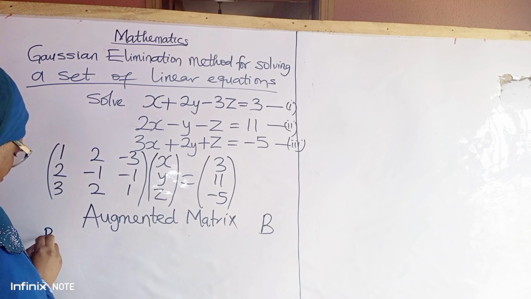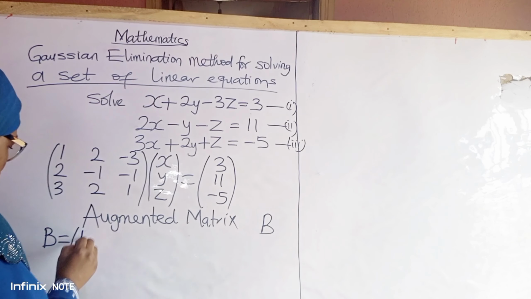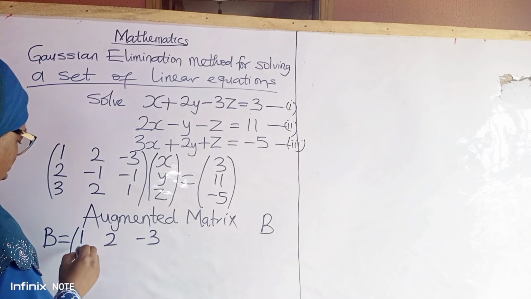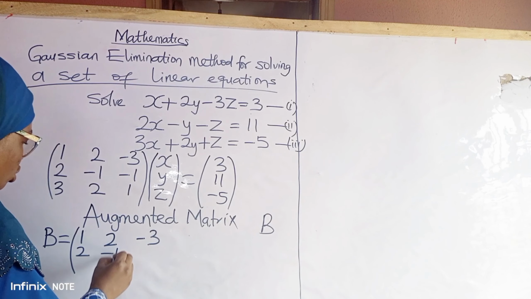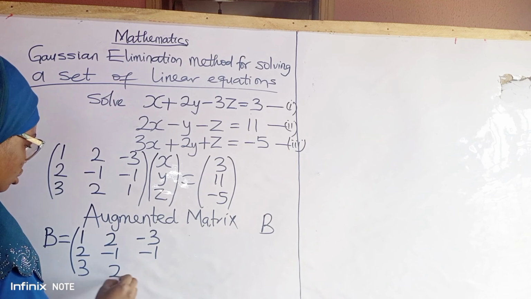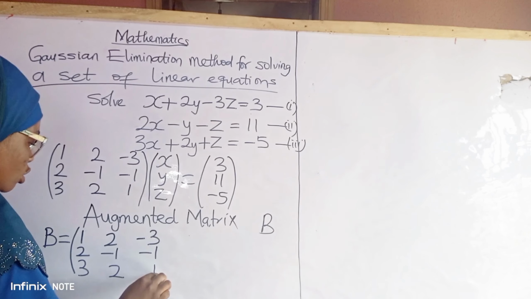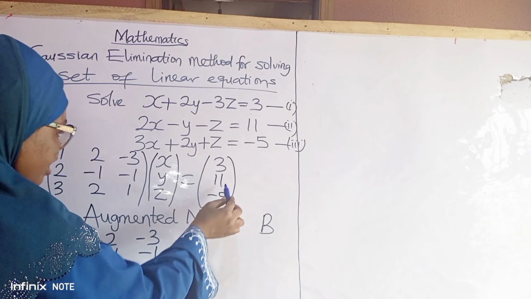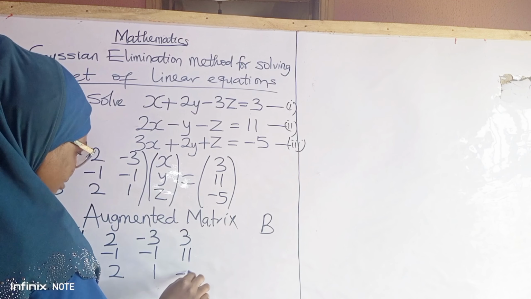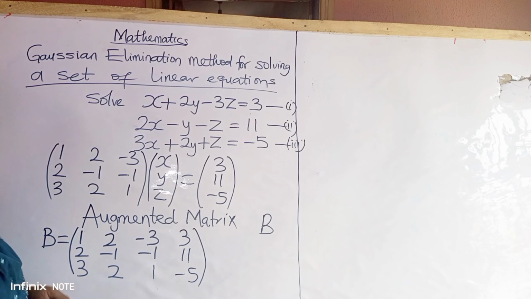So B, the augmented matrix, is equal to 1, 2, minus 3, 2, minus 1, minus 1, 3, 2, 1. We need to include this column matrix 3, 11, and minus 5.